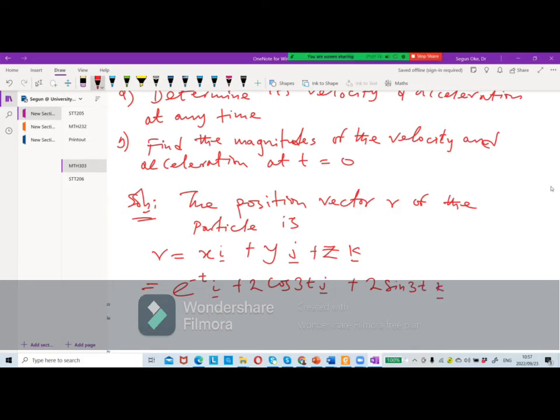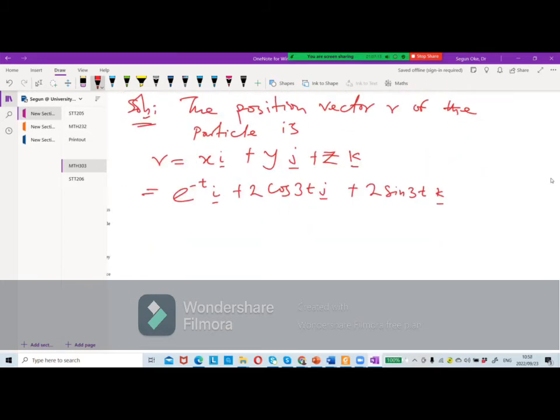Then the question says we calculate the velocity. We know the velocity is what? The derivative of r.